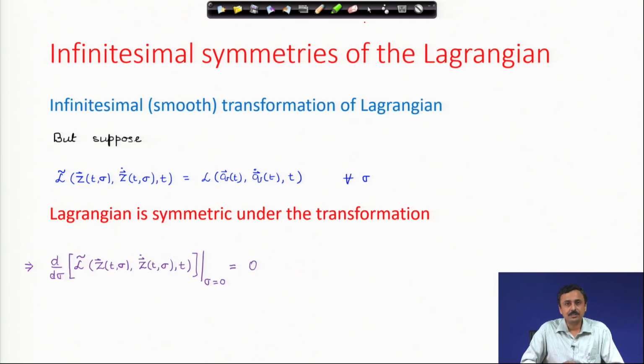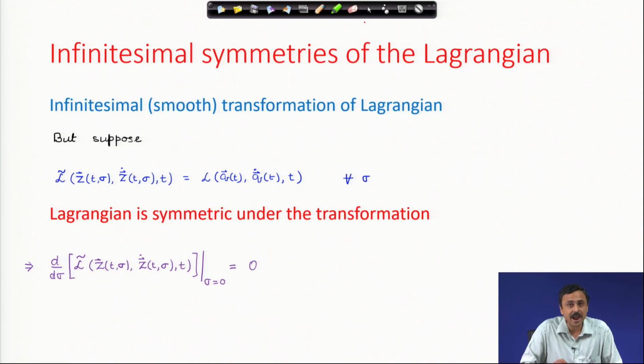And this implies, and this is very easy to see, that d sigma of the new Lagrangian at sigma equal to 0 is equal to 0, which means that the new Lagrangian does not change with sigma. d L tilde d sigma is the change, or the variation, of the new Lagrangian with respect to sigma.